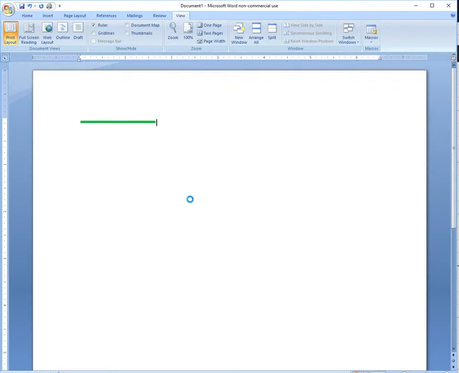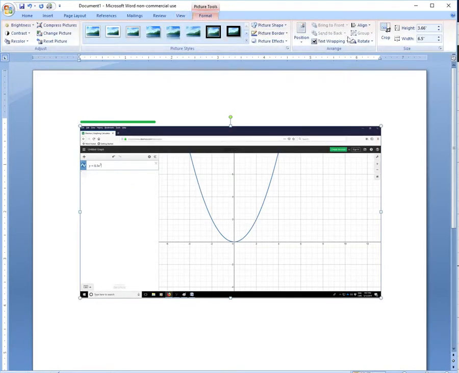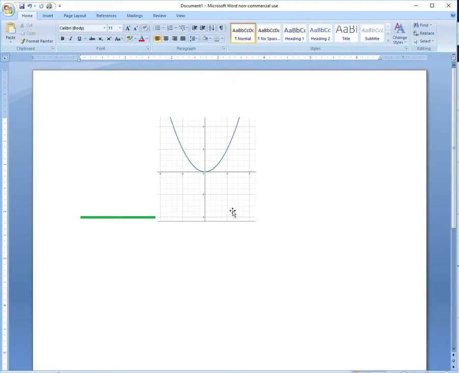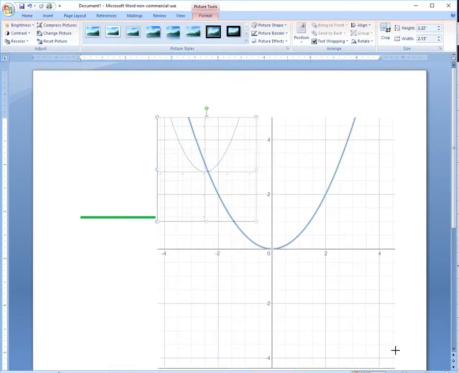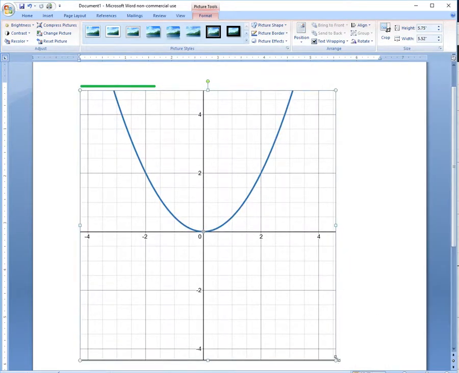Control V. There you go. So now let's crop this down a little bit. I'm going to try to keep 4 at least, 4, like so. Okay, so now I'm going to take this and expand it out bigger, bigger, bigger.